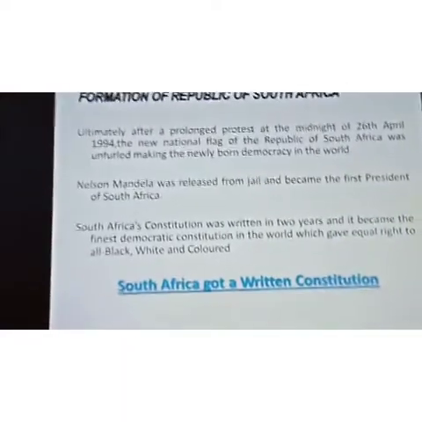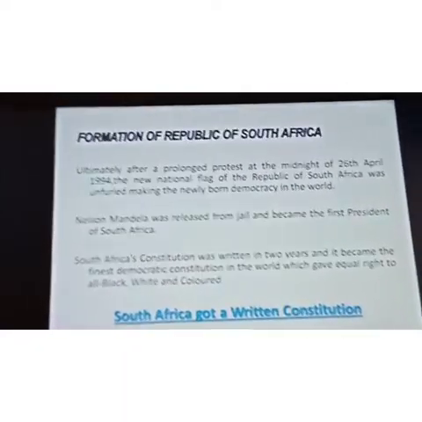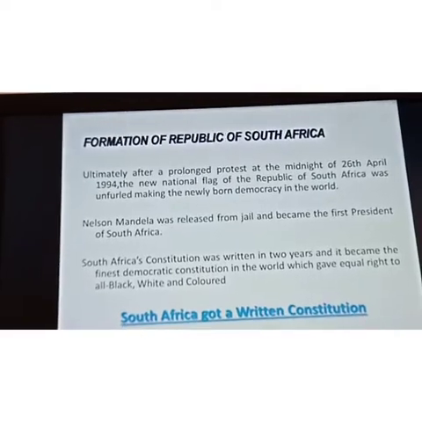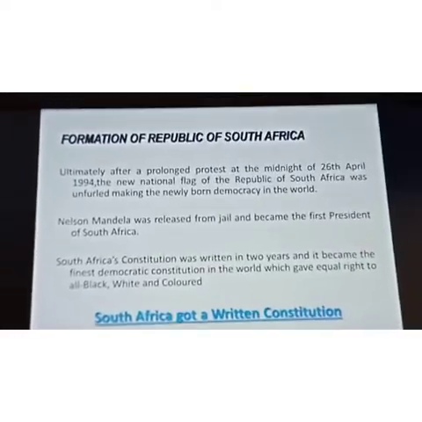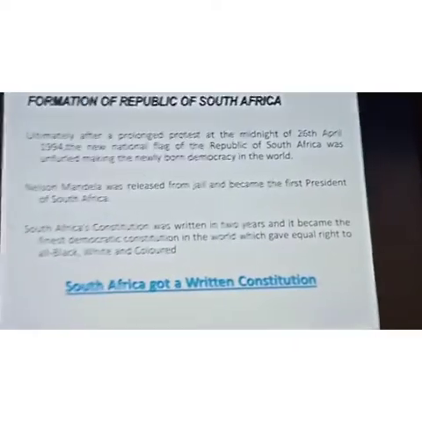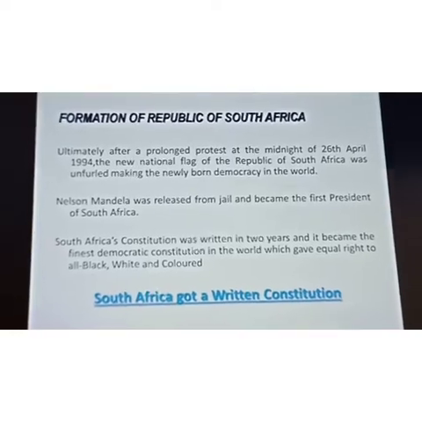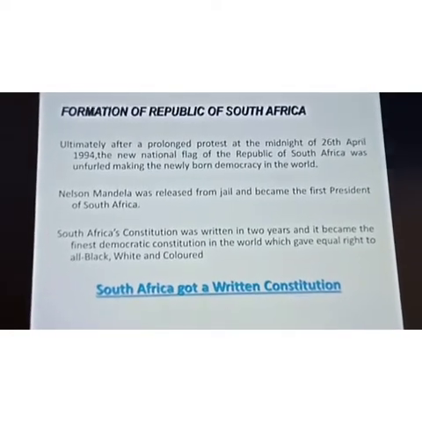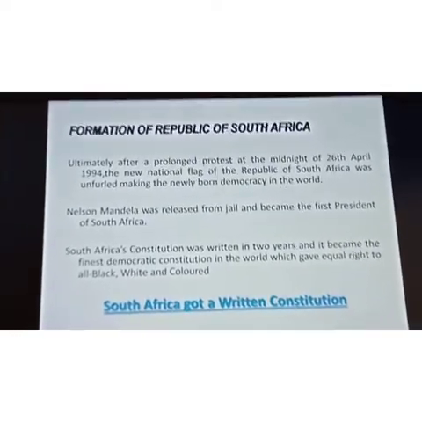Now we'll see ultimately the formation of the Republic of South Africa. You see, I have written over here: ultimately, after a prolonged protest, at the midnight of 26th April 1994, the new national flag of the Republic of South Africa was unfurled, making a newly born democracy in the world.